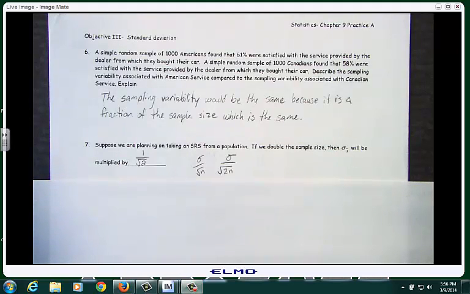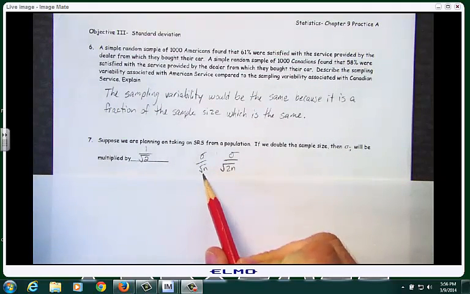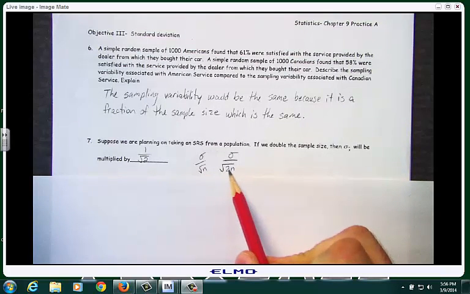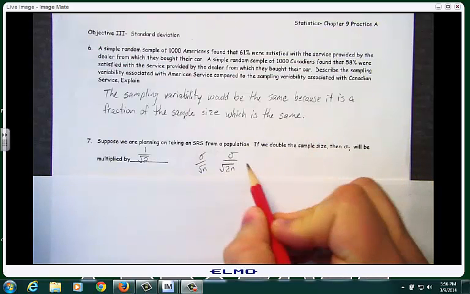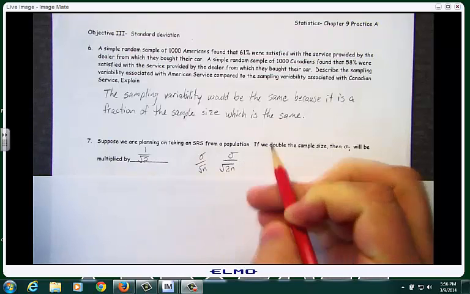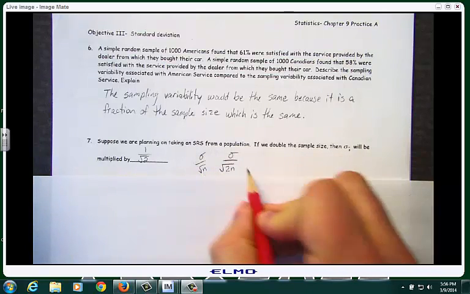The standard deviation of a sample is equal to the population standard deviation divided by the square root of n. Doubling the sample size would be multiplying n by 2 in this fraction. By taking out our factor here, we can find out what we multiply to our standard deviation when the sample size is doubled.